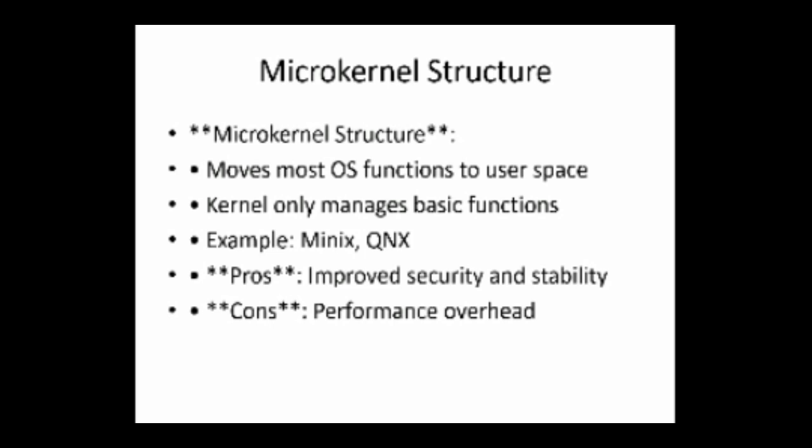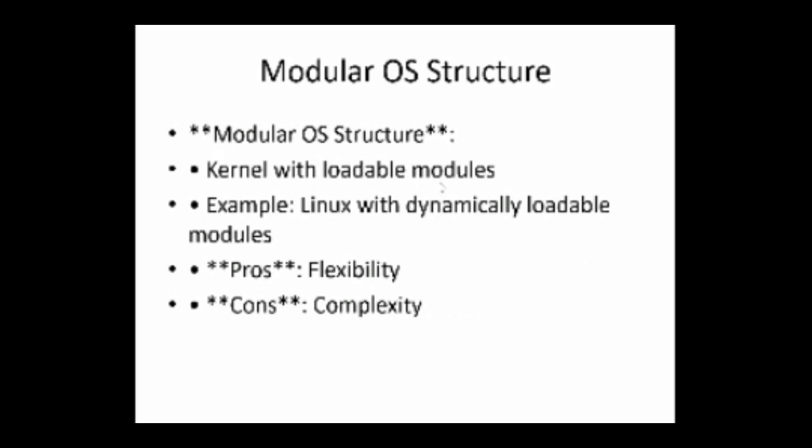The unwanted functionalities will be kept in the user systems, which will decrease the size of the kernel, so its name is microkernel. So the security and stability are improved, but it will affect the performance of the system.